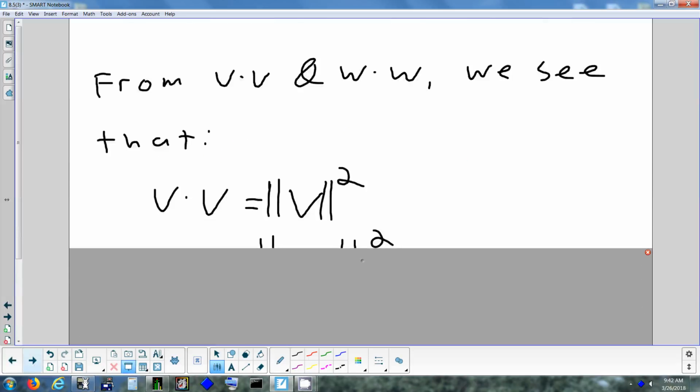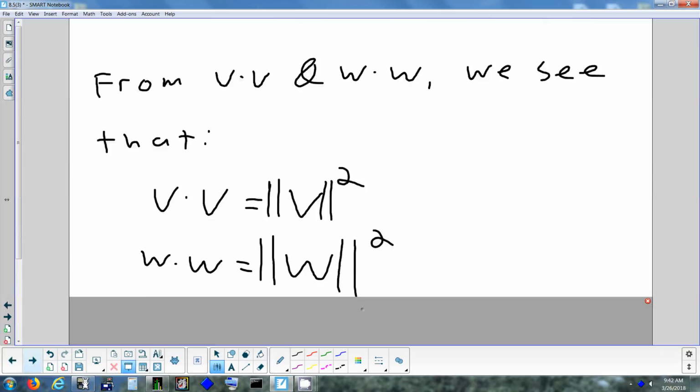If you dot a vector with itself, you don't get the magnitude because you didn't take the square root. You get the magnitude squared. You don't have to call it w dot w, we didn't do that one, but it would work out the same.